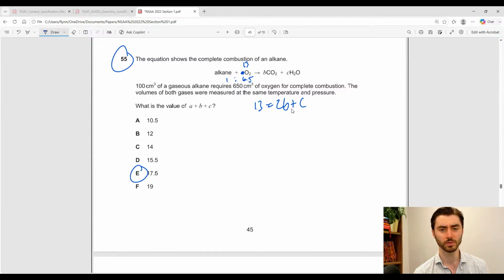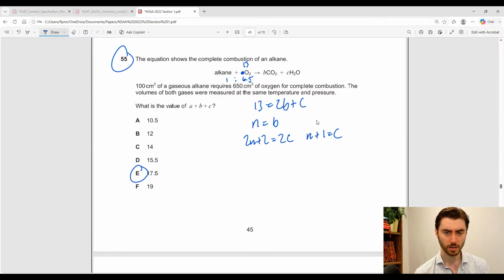Of course I got those numbers wrong. And we know that N is equal to B, and we knew that 2N plus 2 is equal to 2C, which means that N plus 1 equals C. So C equals B plus 1.